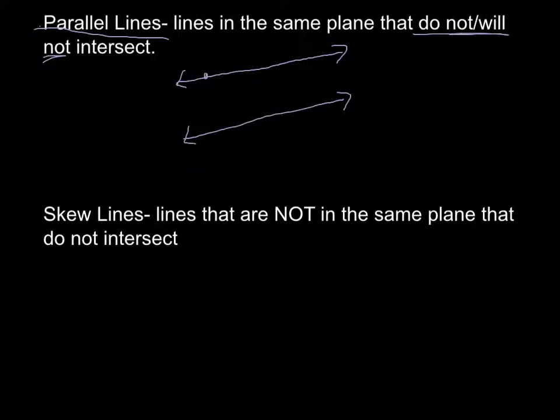This is point E, point F, point G, and point H. Okay, so how we would write this is we would say that line EF is parallel, we just draw two lines like that, to line GH. Okay, so that's just how we say that those lines are parallel to each other.